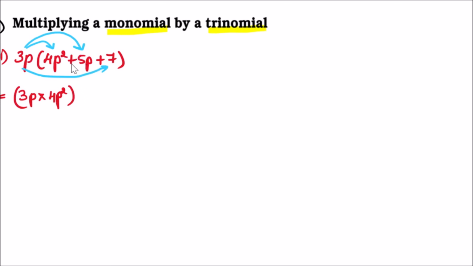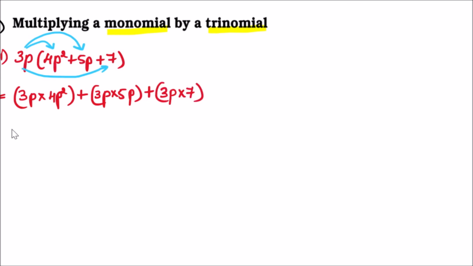What is the sign here? It is plus. Don't forget to write it. Okay. 3p into 5p. Then what is the sign here? Next, plus. So plus into plus is plus. So 3p into 7. Understood? We have multiplied the signs also.